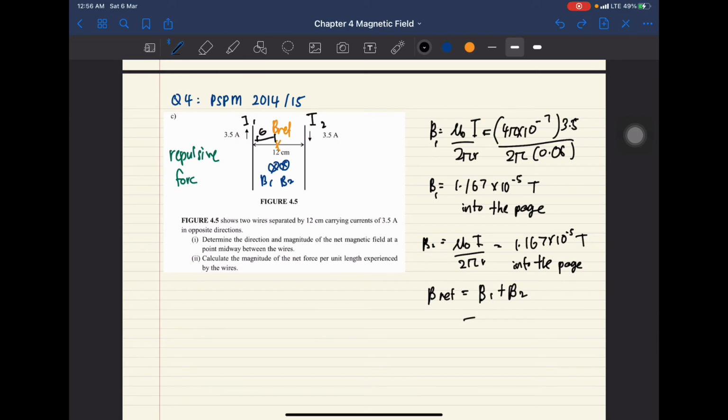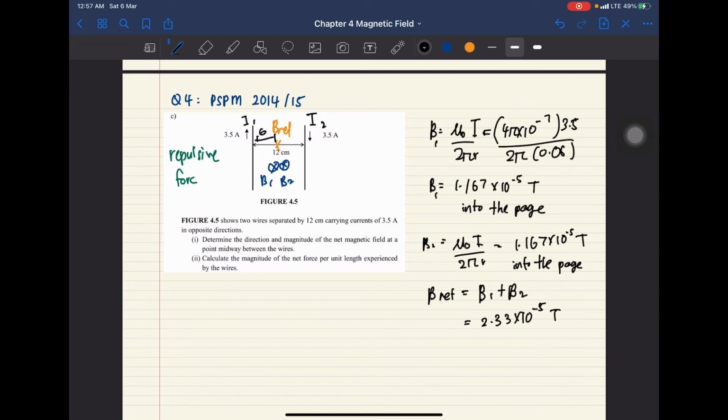Here I got my answer, 2.33 times 10 negative 5 Tesla. Okay, so this is how you solve this kind of question. You have to identify what quantity they actually ask. In this case they ask you to find the net magnetic field, and then you can calculate, but make sure you determine the direction. That is the key important part.